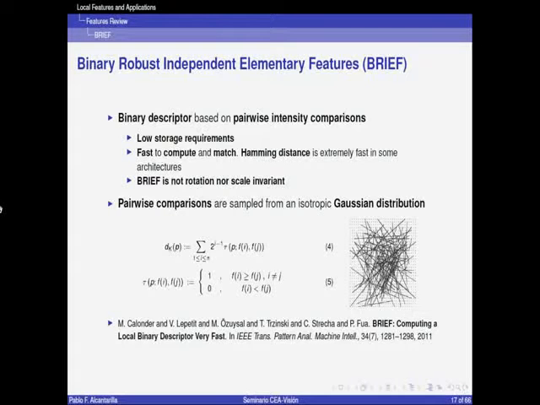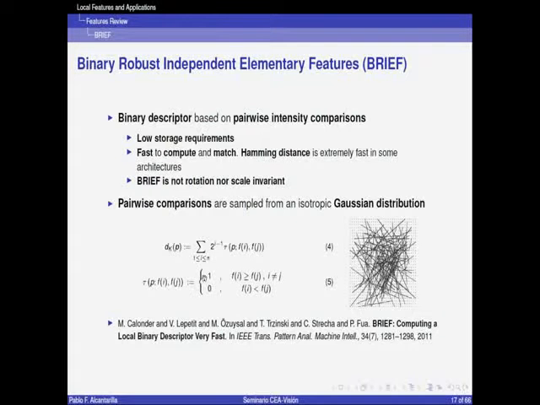Now I will explain a bit how these pairwise comparisons work and how we can compute a BRIEF descriptor. Imagine that we have a patch centered around a key point, and this patch can have a size of 48 by 48, for example. BRIEF is computed based on a set of pairwise intensity comparisons. We have to define a set of binary tests, and a binary test is simply the comparison between the intensity of two pixel positions in the patch.